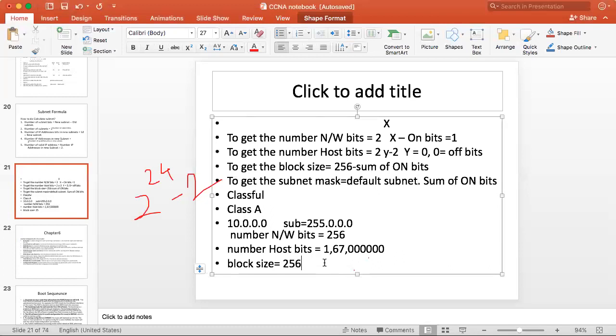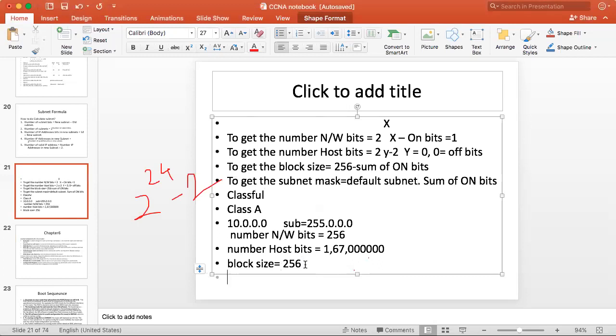Why not 255? No, it's 256 because any IP address will start with 0 and it will end at 255, so total 256. So in any classful network, your block size will always be constant at 256.